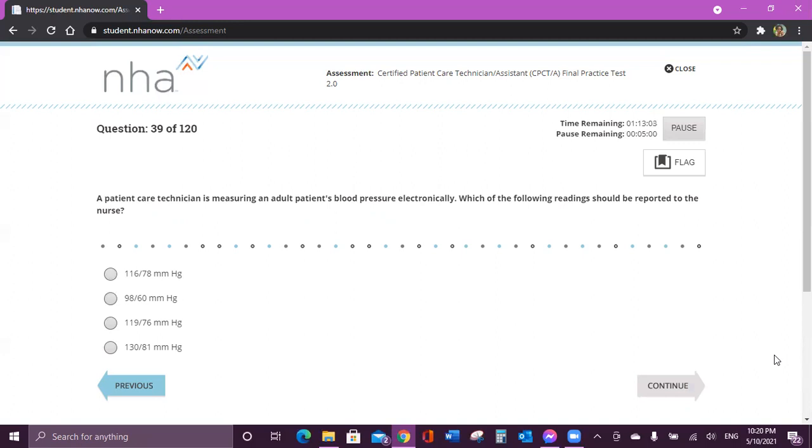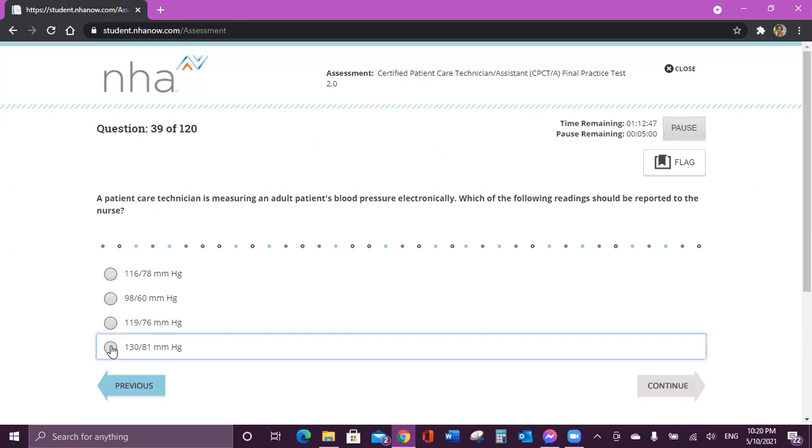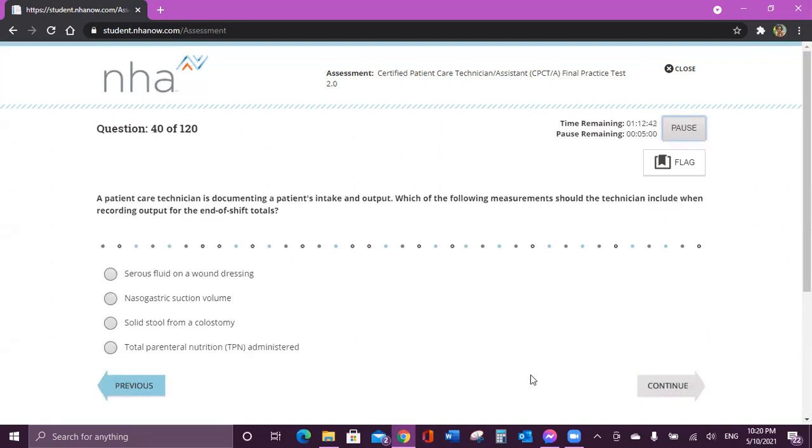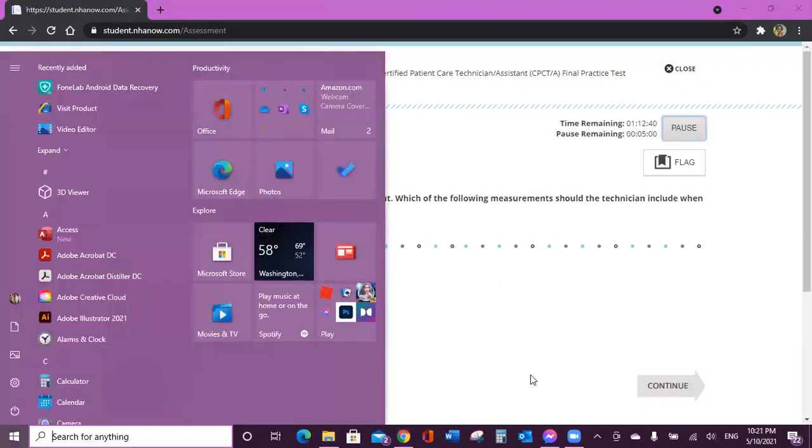Eso es normal, 130 sobre 81 está bien. 110, that's high also. Esta, la 98 sobre 60, esa es la that's low. La que yo reportaría es esta. Yeah. Ok. Bueno, es que casi muy poca gente tiene presión baja.